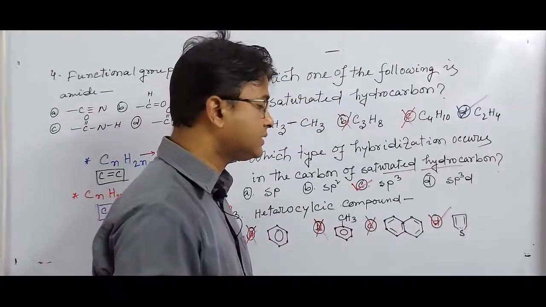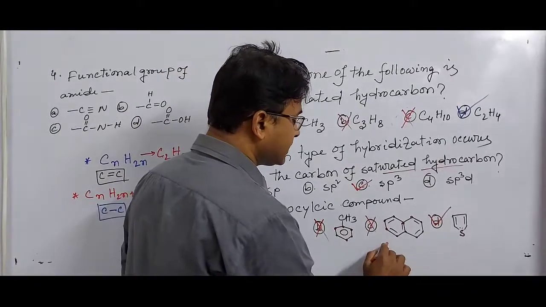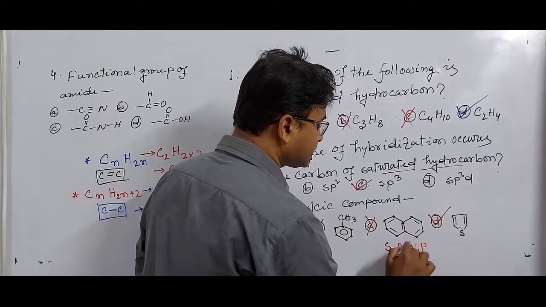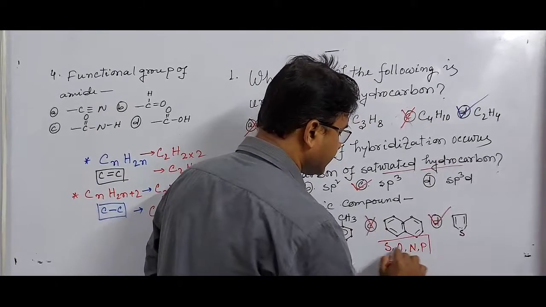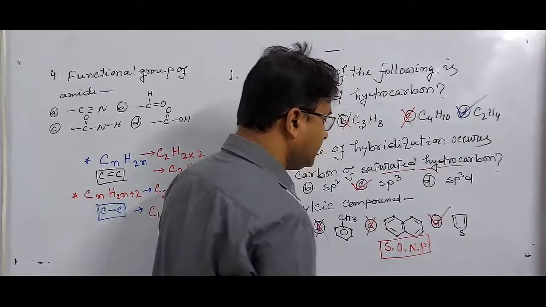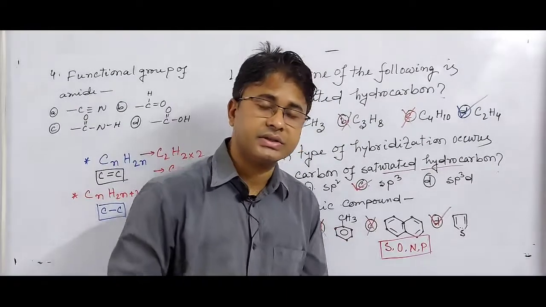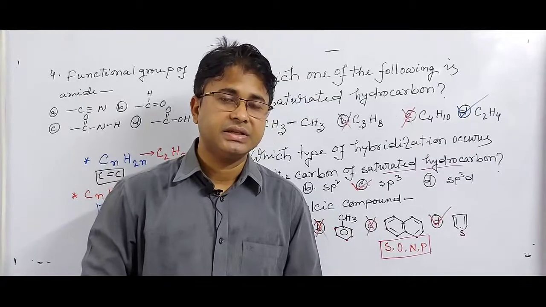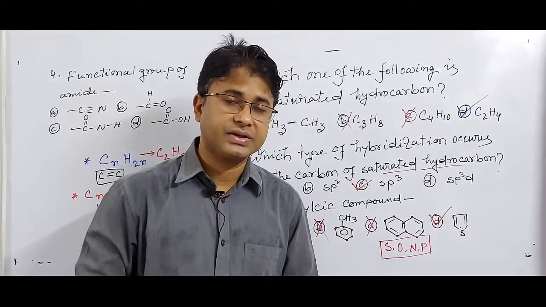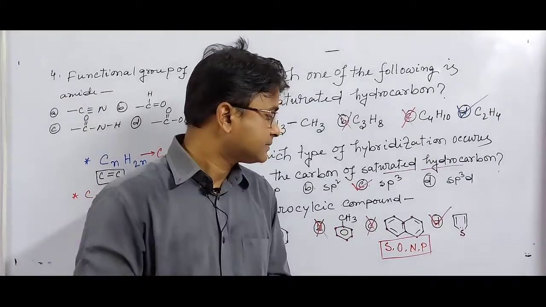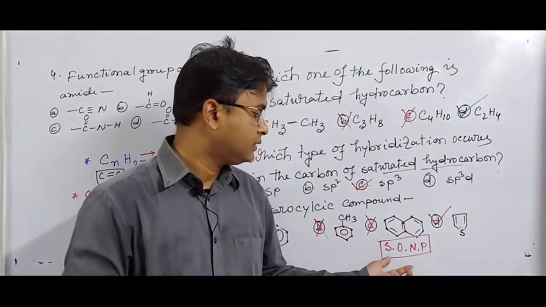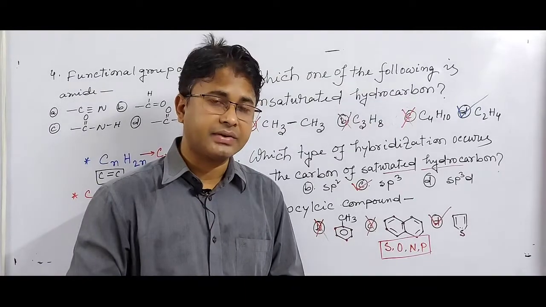Dear students, you know that sulfur, oxygen, nitrogen, phosphorus, all those are heteroatoms. If sulfur, oxygen, nitrogen and phosphorus are present in place of carbon in the ring structure of an aromatic compound, then those are known as heterocyclic compounds.